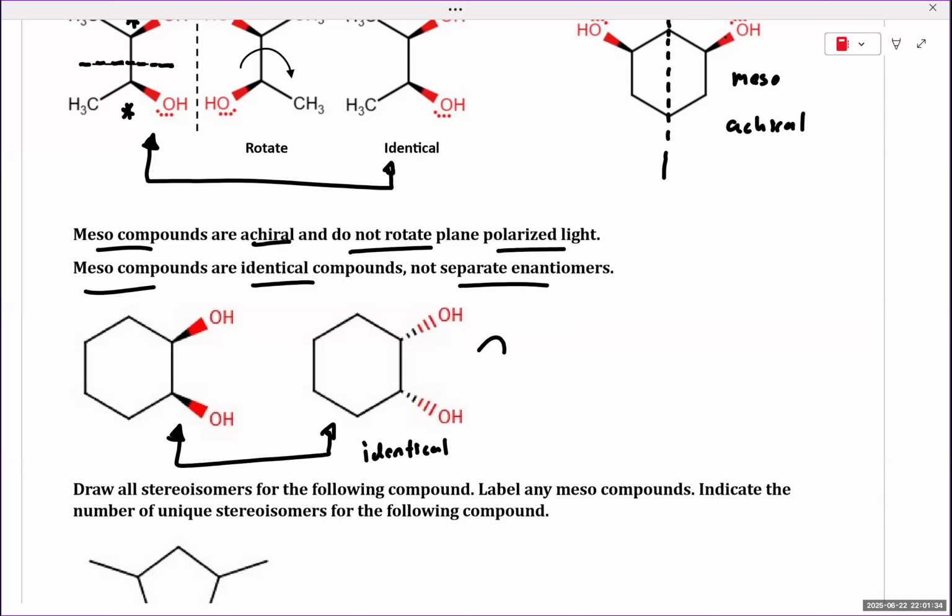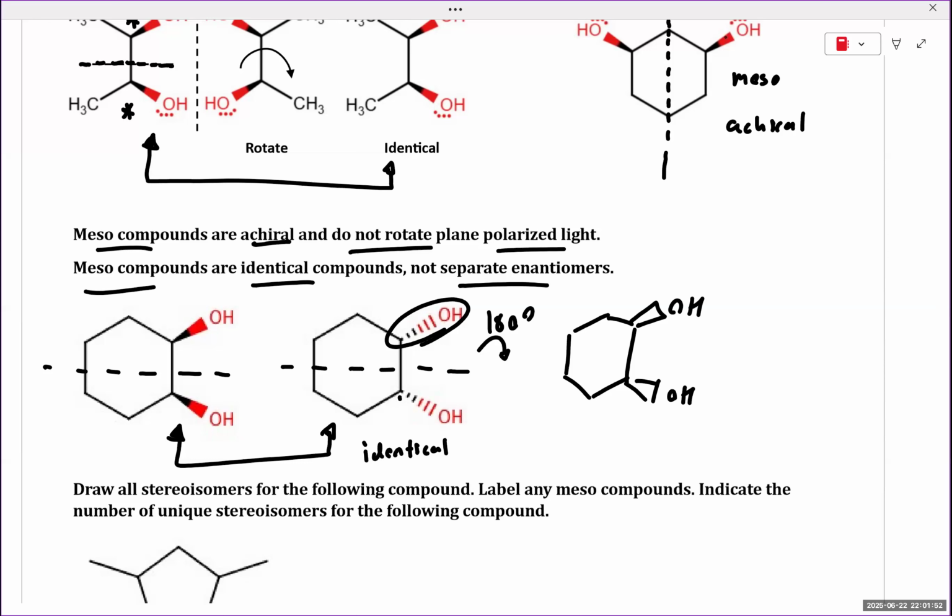You can prove this because if you take this structure and rotate it 180 degrees, you get the following depiction, which exactly matches the structure on the left. So be really careful with meso compounds. If there's a plane of symmetry where you have the exact same substituents on each side of the plane, that's a sign that you have a meso compound, and meso compounds are achiral.